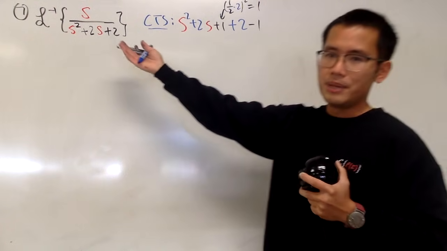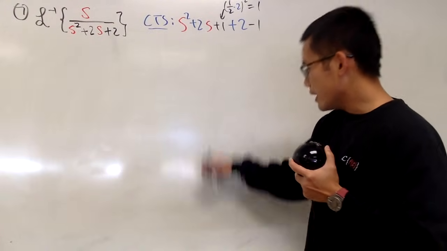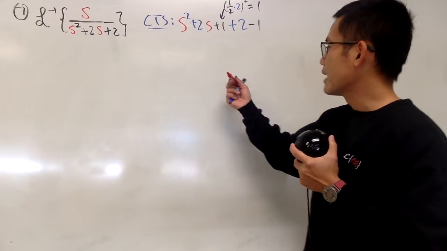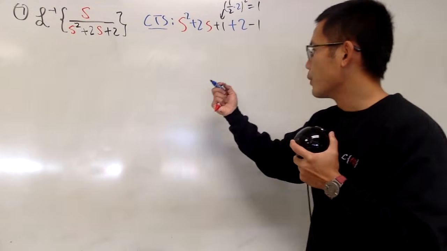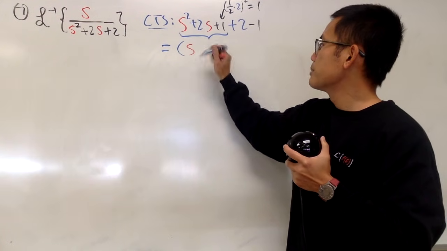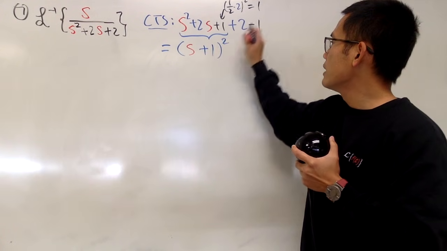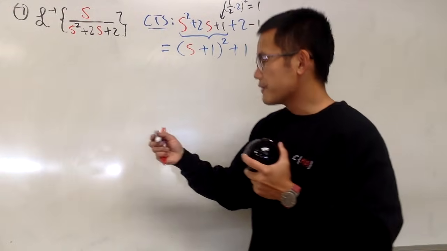I know some of you guys might be able to just see it and write down the answer. That's fine, of course. But anyway, after you have done this, you will end up with the first three terms being s plus 1, and then squared, and then this is just going to be plus 1. So that's what we have. So that's the first thing.